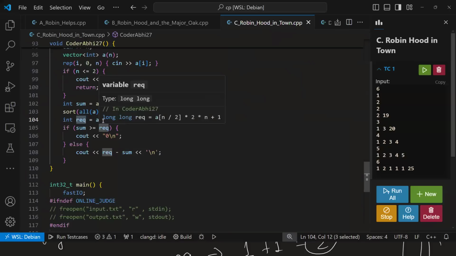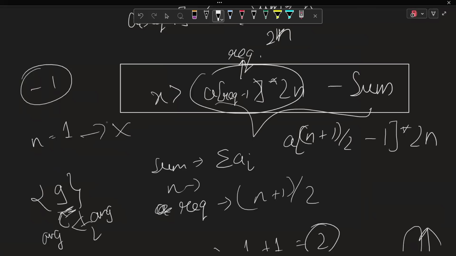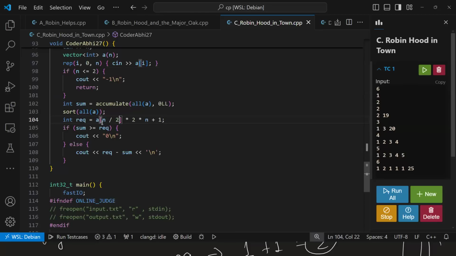Okay, so (n plus 1) by 2 minus 1 is the same as n by 2. If you write (n plus 1 minus 2) by 2, that is (n minus 1) by 2. In both odd and even cases, n by 2 would work. You can check for odd and even cases. It's the same thing.